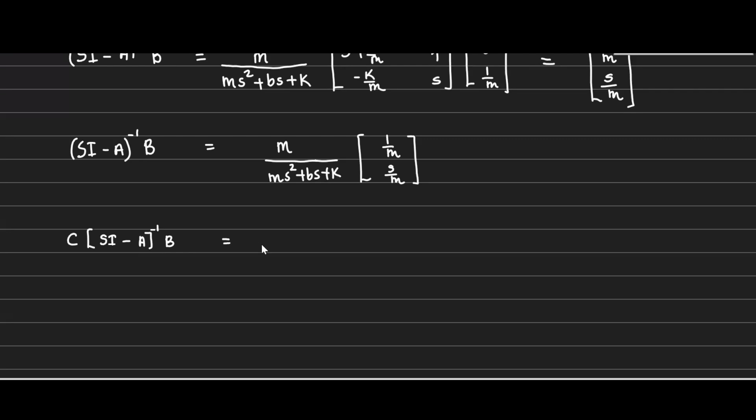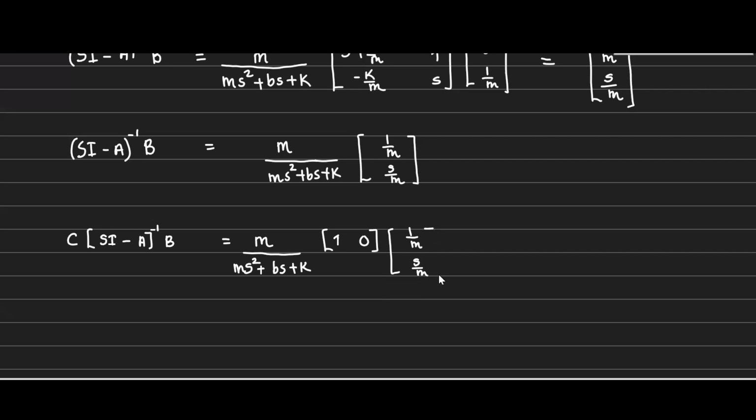This constant factor, the determinant M S squared plus B S plus K, I'll write outside. Then matrix C, 1, 0, and then this product of sI minus A times B, which is 1 over M and then S over M.